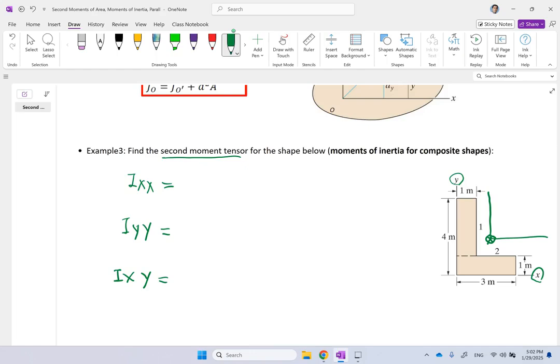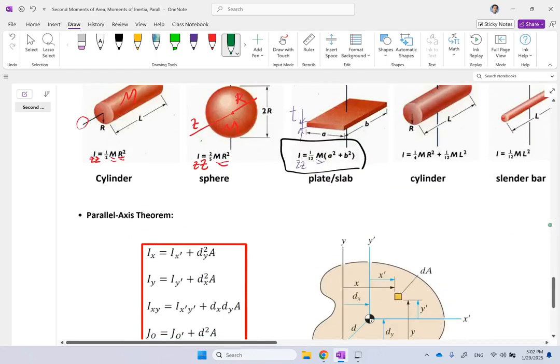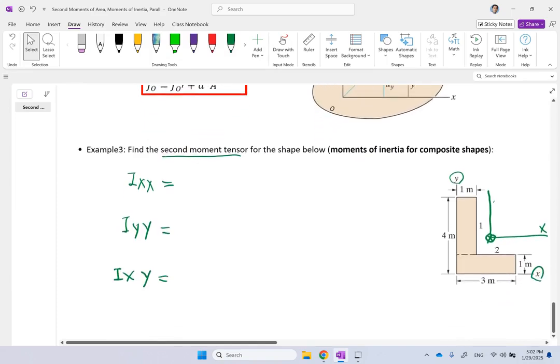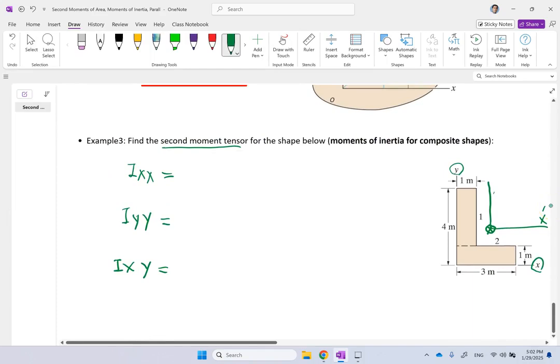So the question is, if I have it with respect to these axes passing through the centroid, and if you don't mind calling them X prime and Y prime, so we don't mix them with X and Y, if I have I for X prime and Y prime axes, can I find them for these axes X and Y that are parallel to them? You see, X is parallel to X prime, Y is parallel to Y prime.